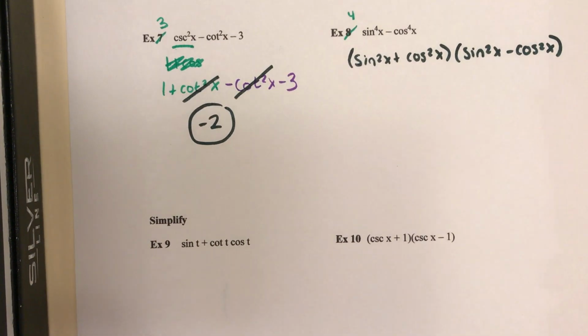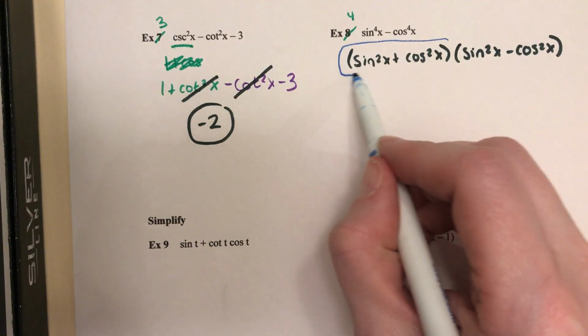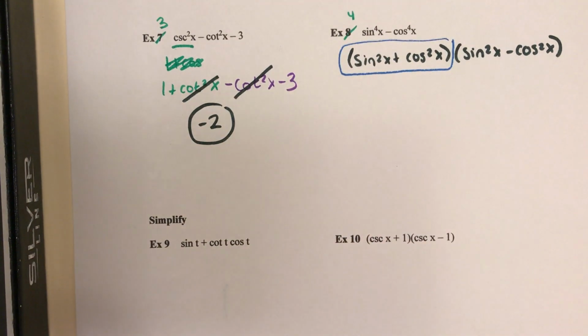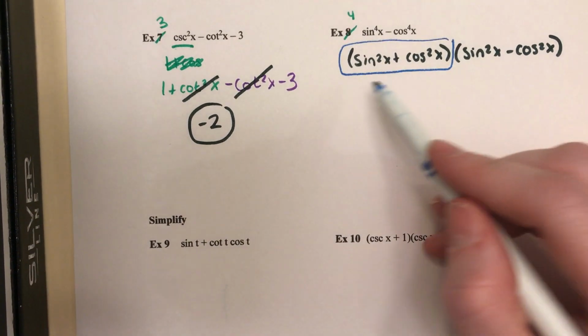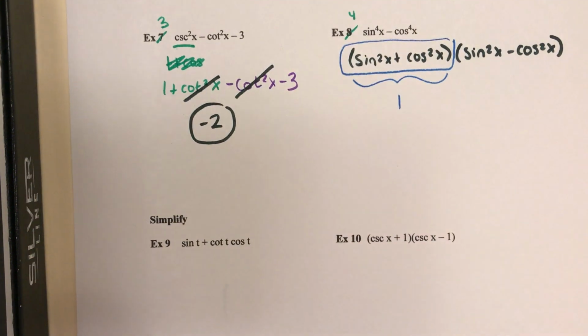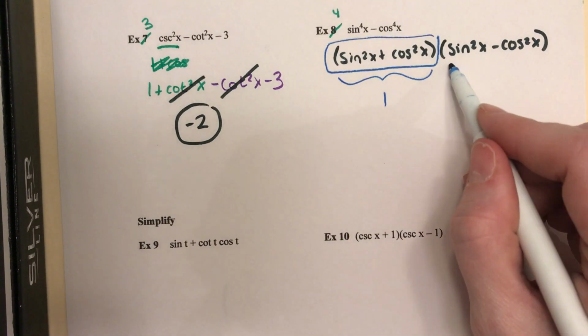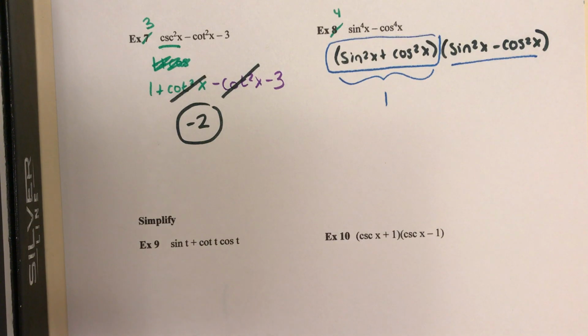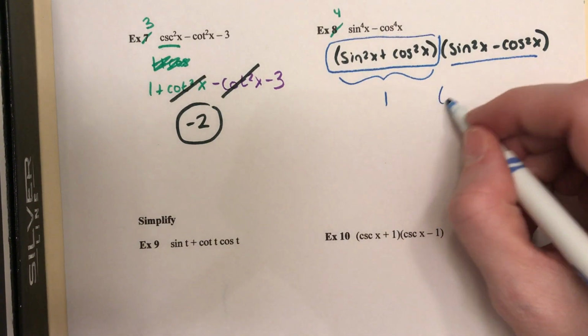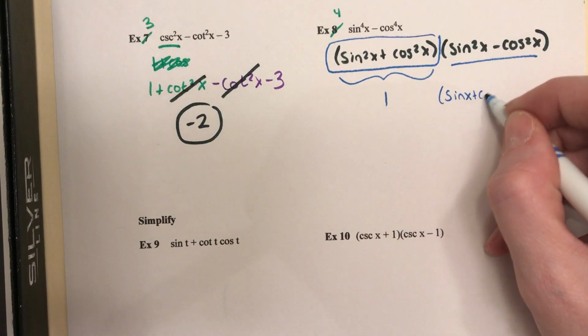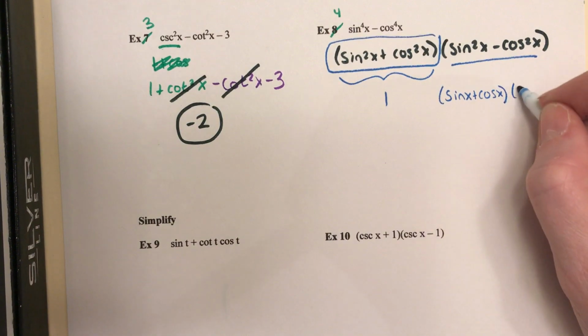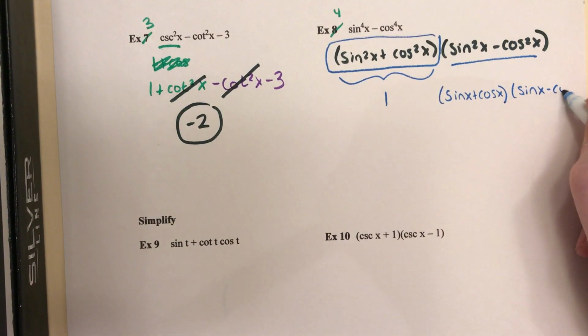Now right away I see something that looks familiar. I see sine squared plus cosine squared. If you look at your Pythagorean identities on your formula sheet, that is the same thing as 1. And over here, I have another difference of squares, so I can keep factoring that. That's sine plus cosine times sine minus cosine.